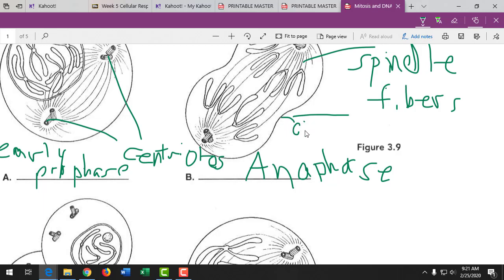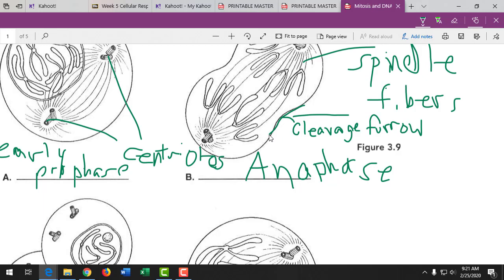Well, this is called a cleavage furrow in animal cells. Cleavage furrow, F-U-R-R-O-W. That's what this indented region is here. And that's going to continue to pinch inward.